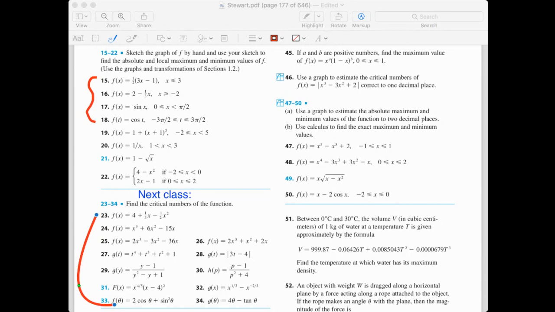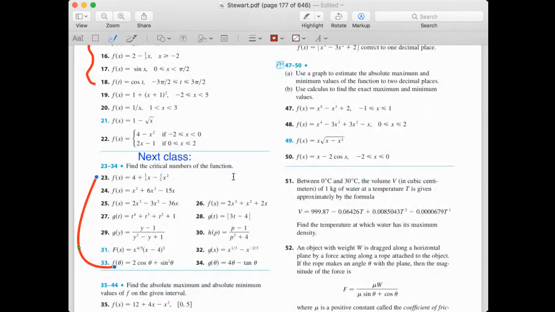Okay, anybody like to share with us? Find the critical number. We use f prime of x equals 0, right?